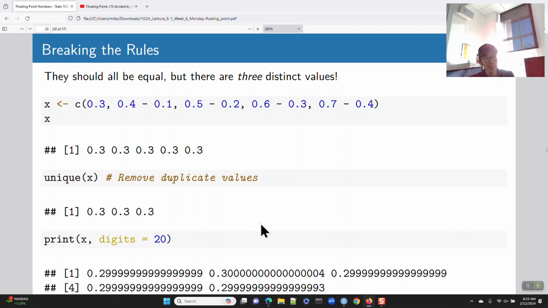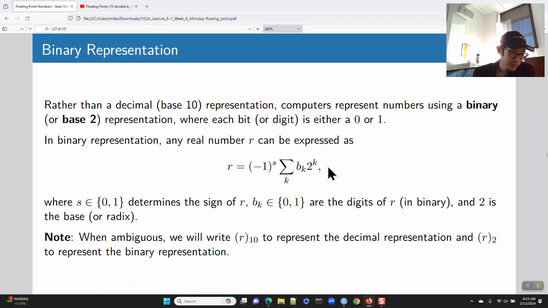So we have 3 unique representations of things that the real number calculations should have all resulted in the exact same value of 0.3, but we're getting something just a little bit off from each other. These are things that break down when we use floating point numbers. Okay, so we've got to talk about binary numbers.